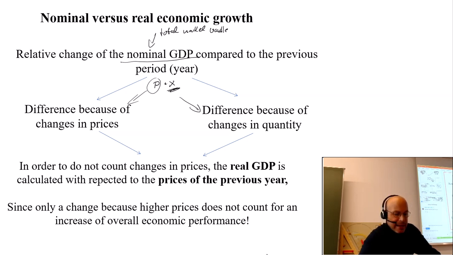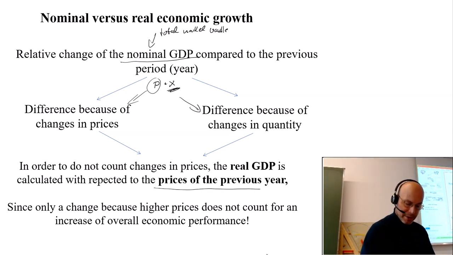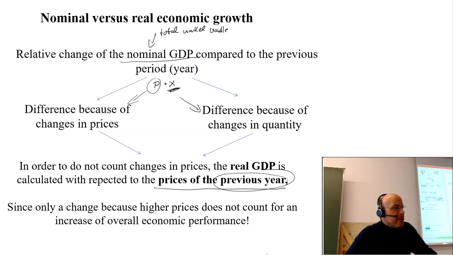And what we are doing then, and how this is done comes on the next slide, is we are just calculating real GDP, not taking the prices of today, but the prices of the former year. So real GDP: quantities of today times prices of the former year, and with this so-called chain calculation we can get rid of the price movement.